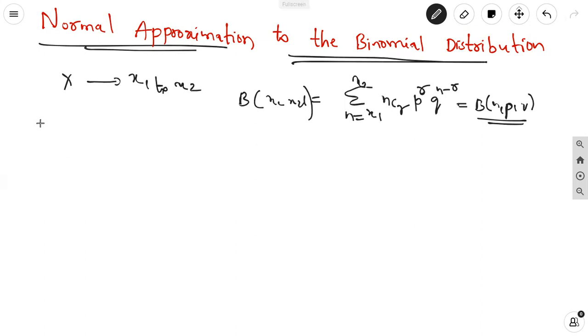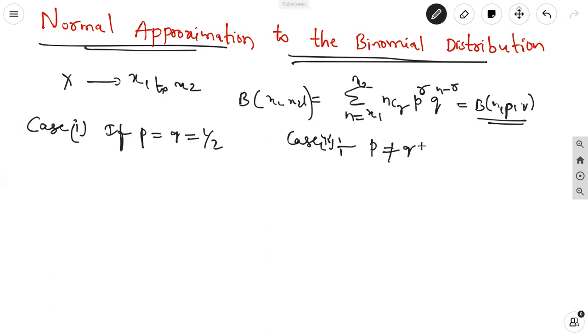There are two cases. Case 1 is if p = q = 1/2. Case 2 is if p is not equal to q. In the two cases, we will see how to calculate the approximate value of the binomial distribution using the normal curve.